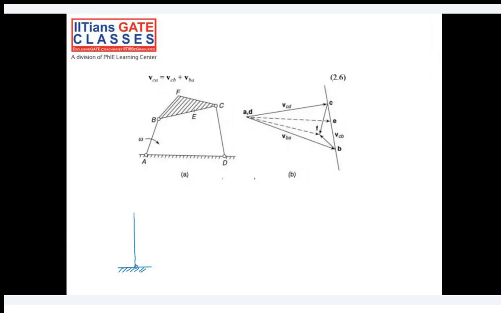For example, if you rotate it from this particular location to somewhere here, after rotation it will come to this particular point, because you are rotating in this direction.